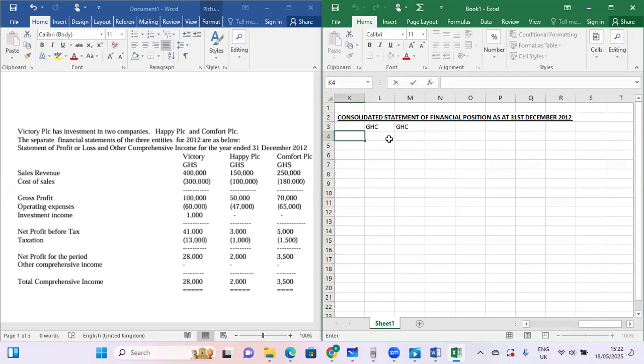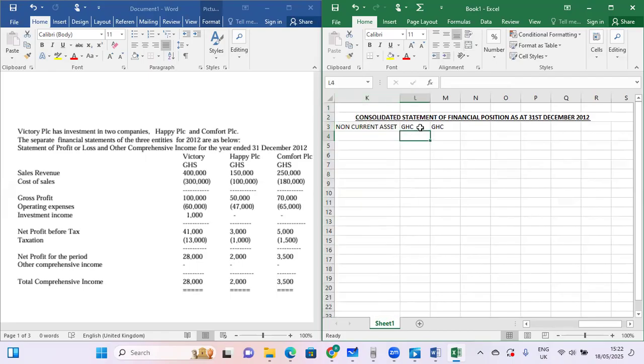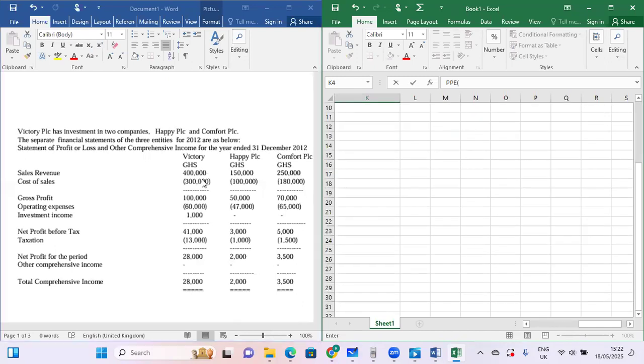Now we start with our normal order, which is the non-current assets. We have PPE. So the PPE, we are going to just add the two.